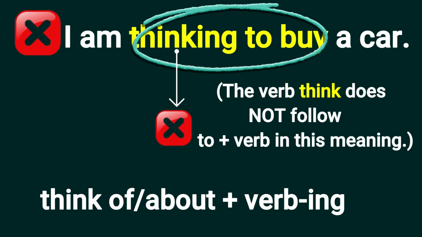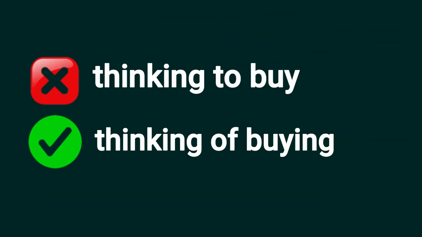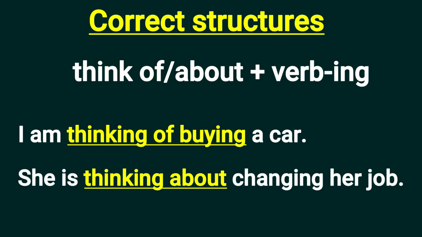So always use ing with the verb when we are talking about think of or about. So thinking to buy is wrong, thinking of buying is right. So the correct structure is think of or about, always with ing.